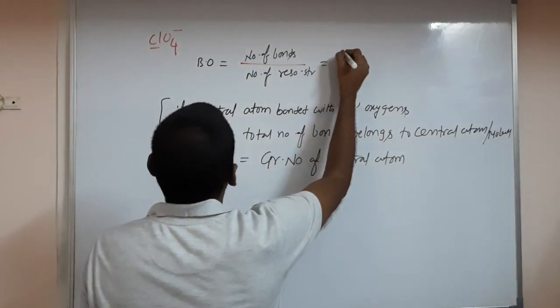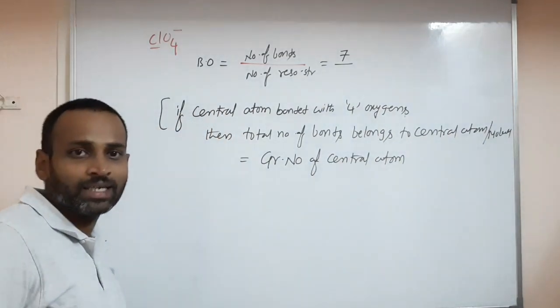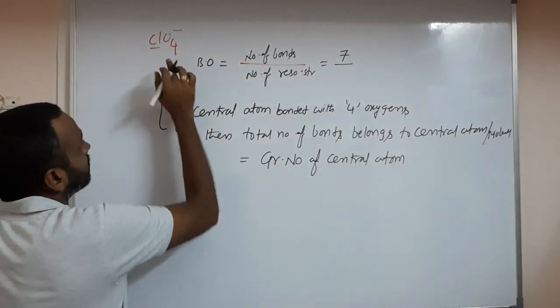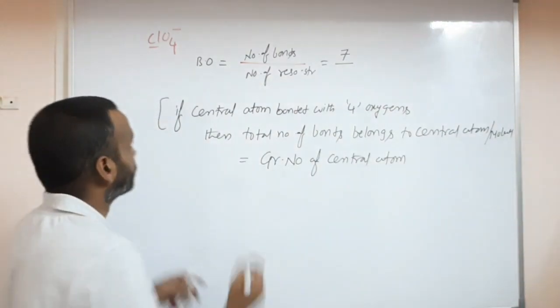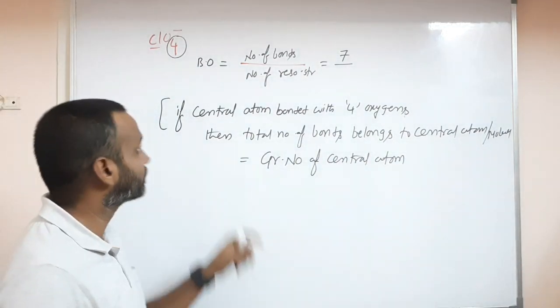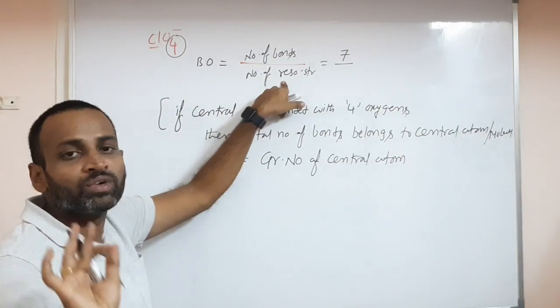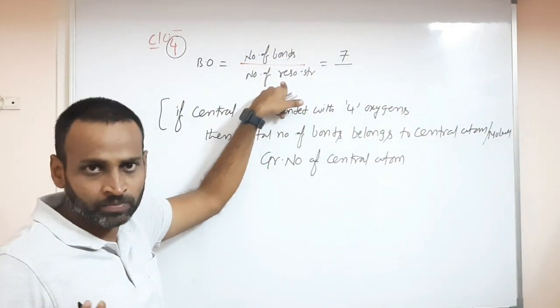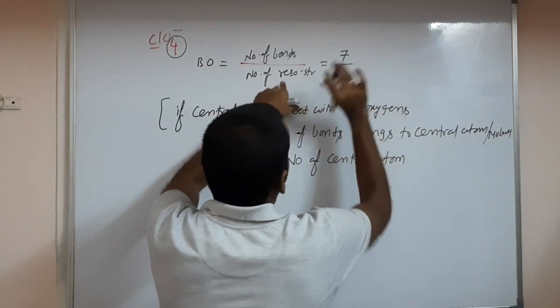So this is one of the tricks. So chlorine group number is 7, so 7 bonds are present. And here number of resonating structures, how to find? Simple trick I will give you. Here what is the number you have? Those many resonating structures you will have. So simply number of resonating structures is nothing but number of terminal atoms. So 7 by 4, this is the bond order.